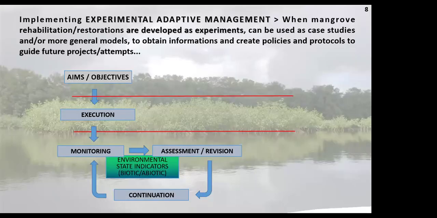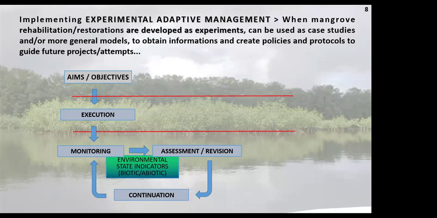So, with the terms clear, we can now enter the restoration projects and attempts. The mangrove restoration projects and attempts are extremely variable in the targeted extension. You got small areas, you got huge areas, different tree species and densities, different management actions.